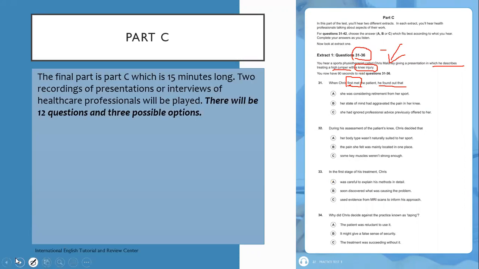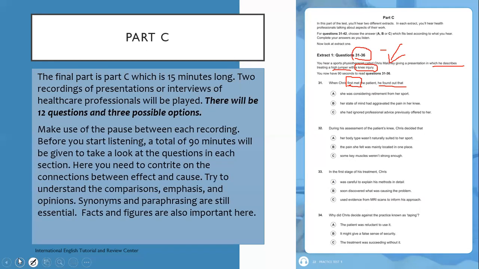The final part is part C, which is 15 minutes long. So 2 recordings of presentations or interviews of healthcare professionals will be played, and there will be 12 questions with 3 possible options. Make use of the pauses between each recording before you start listening.